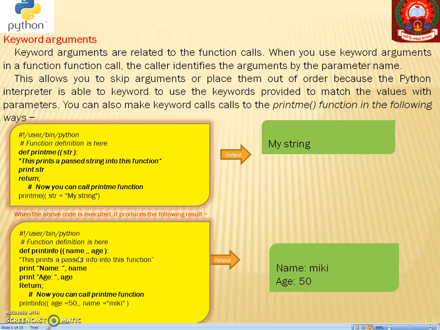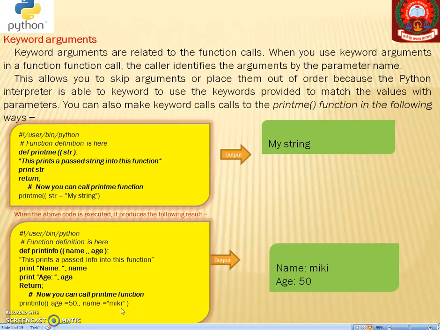The values that we have defined here, we will call by using keyword arguments. We have called the function with age equal to 50, again a mistake, a comma should be there, and name equal to Mickey.